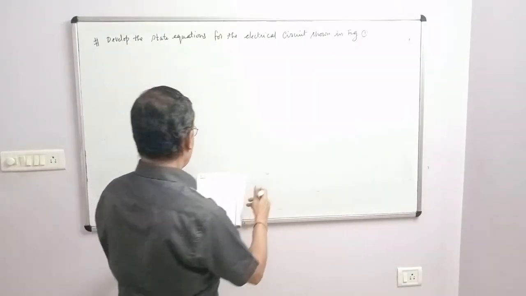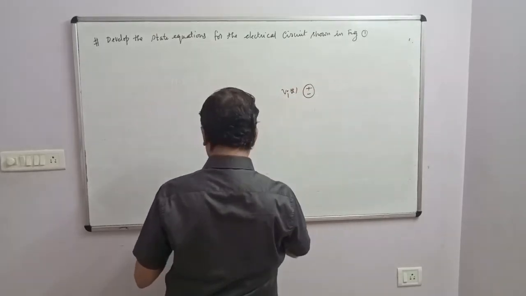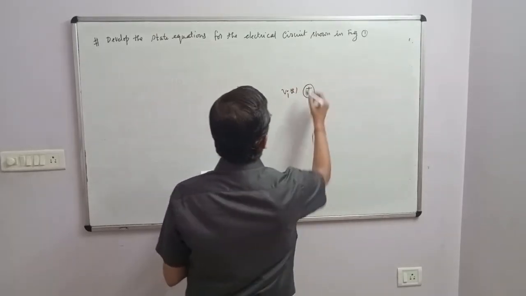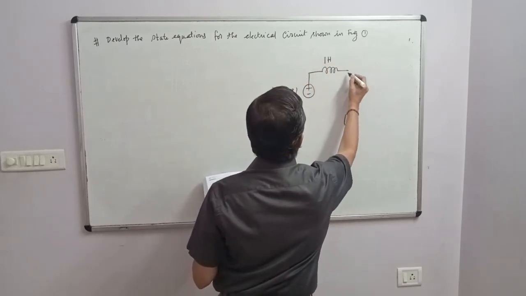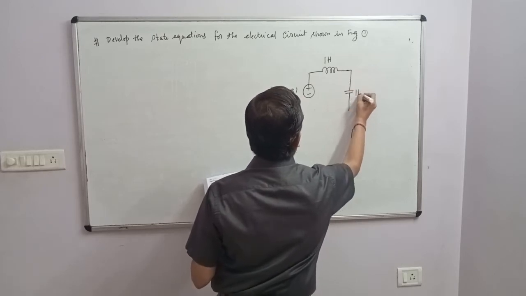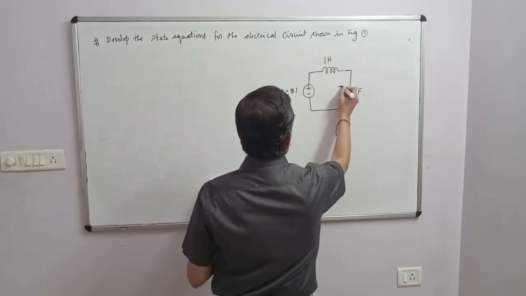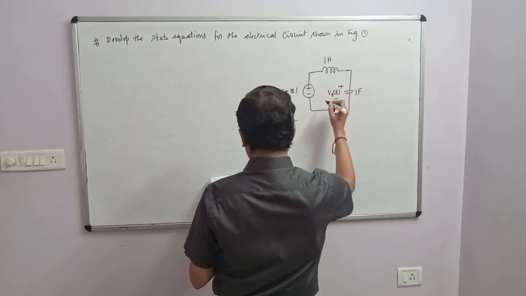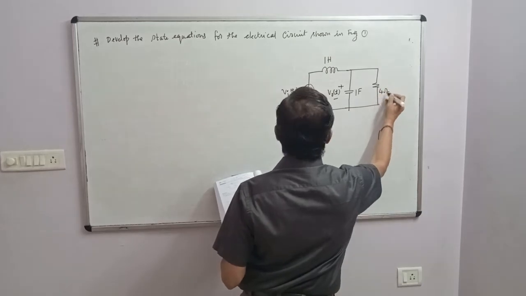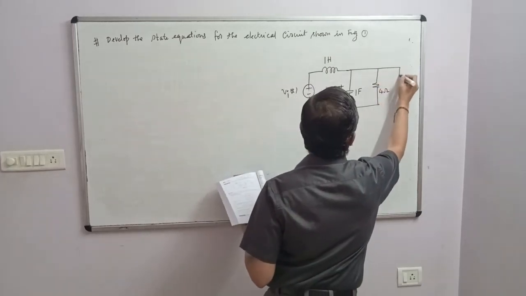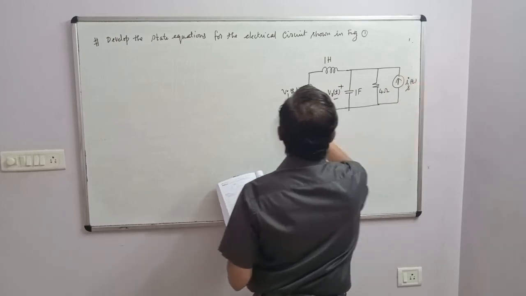So let me write down the circuit. Plus minus Vi of t. We have got an inductor of 1 Henry, capacitor of 1 Farad, resistance of 4 ohms, and this is the current, which is Is of t.